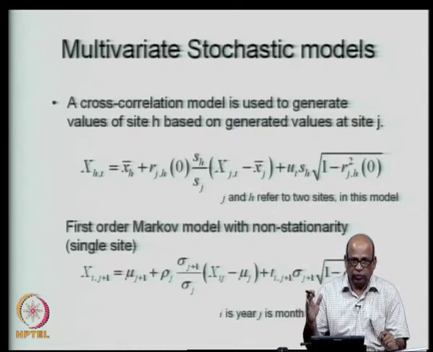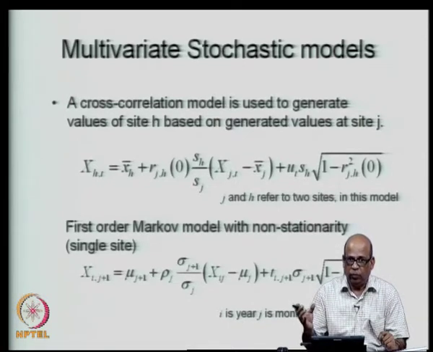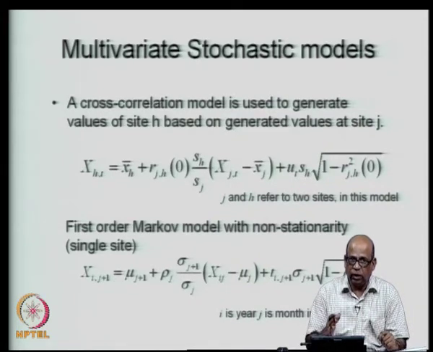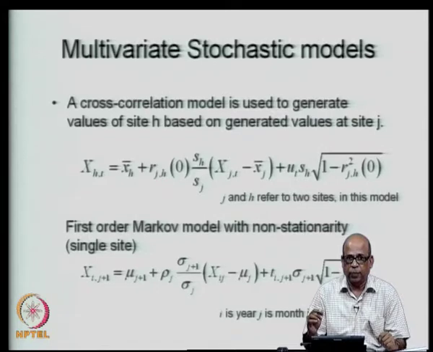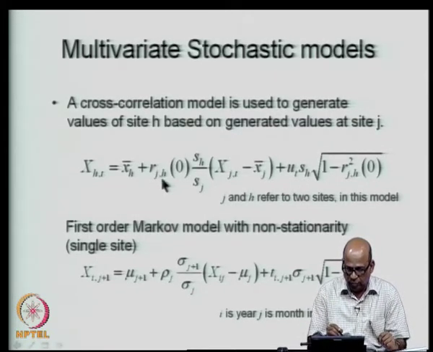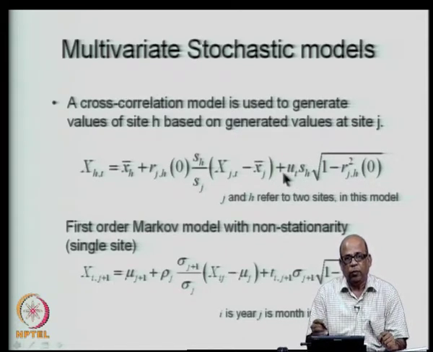The other site, which is a subordinate site, we build the model by taking into account the cross correlations among the key site and the subordinate site. Where did we build the cross correlations? This is the term which has cross correlation R j h 0, it also appears here, but also in the term ut we have the lag 1 serial correlations.